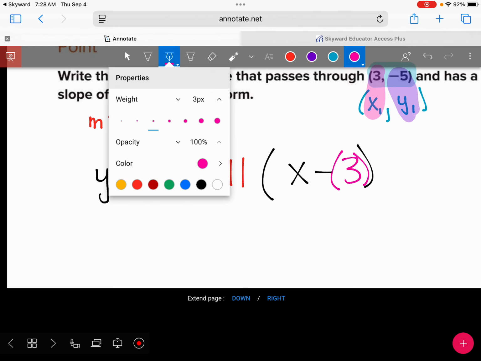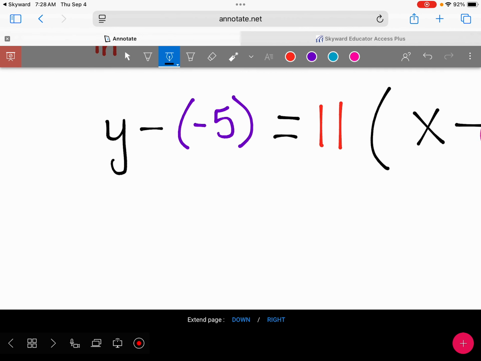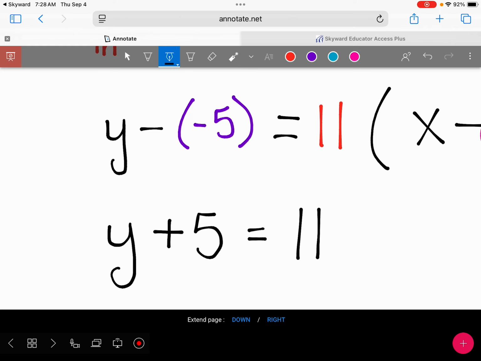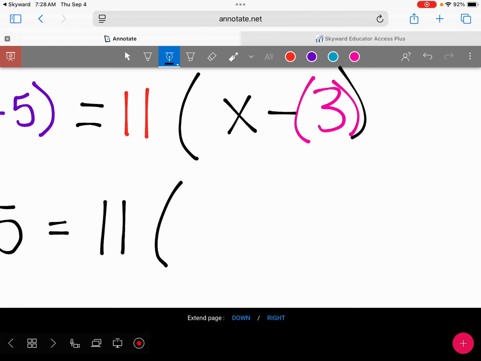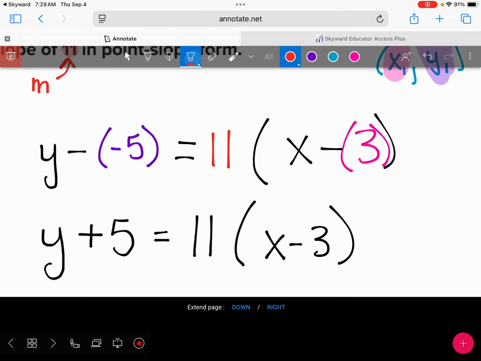So if I want to subtract a negative number, y minus -5, that's the same thing as y plus 5, equals our 11 times x minus 3. That is our equation in point-slope form. This is our answer.